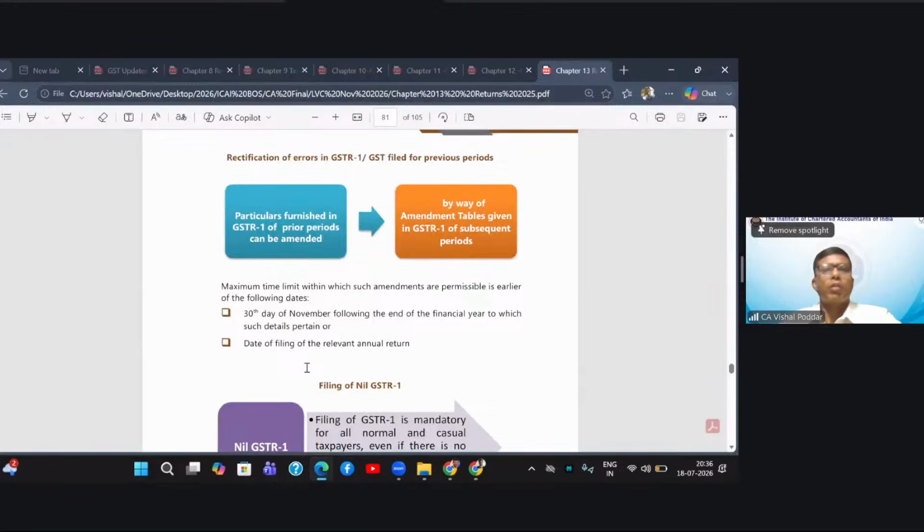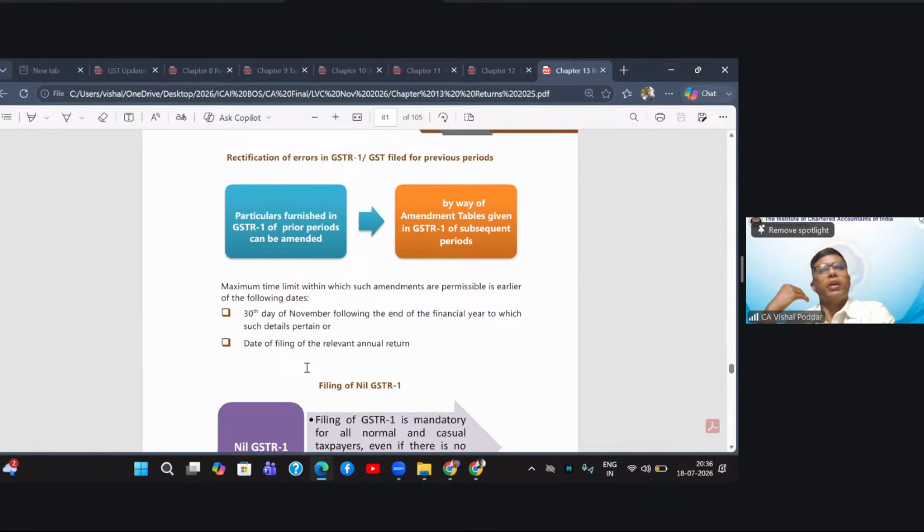Next, what if there is any mistake in your GSTR1? Now, first option you have to rectify the mistake is 1A. But as we saw, the window for 1A is very small. It will close the moment you have filed GSTR 3B. Now, what if you identify the mistake later?